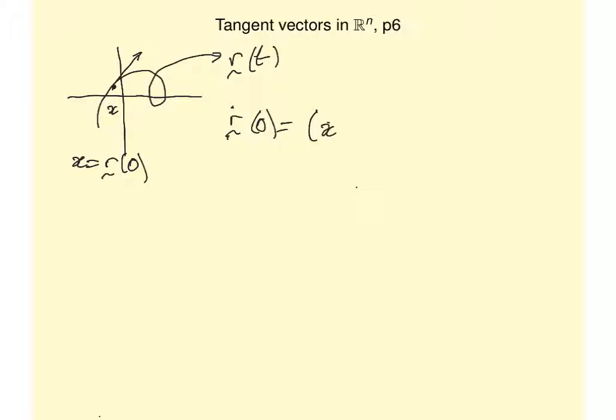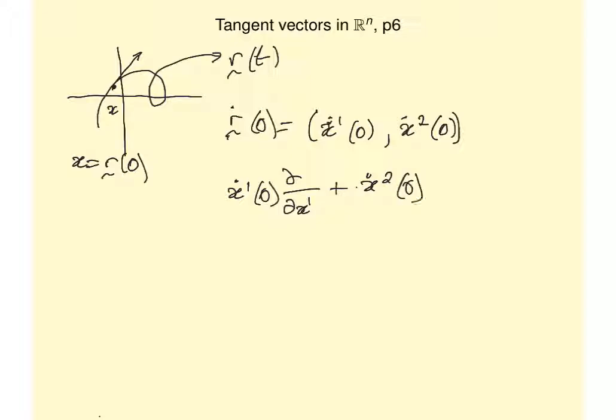let's write it as x1 dot 0 and x2 dot at 0. And if I write that in terms of the partial derivatives, then it'll be x1 dot 0 partial x1 plus x2 dot 0 partial x2.